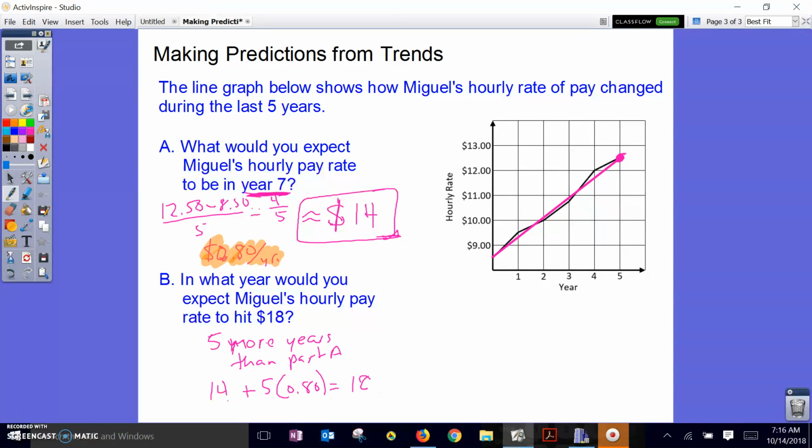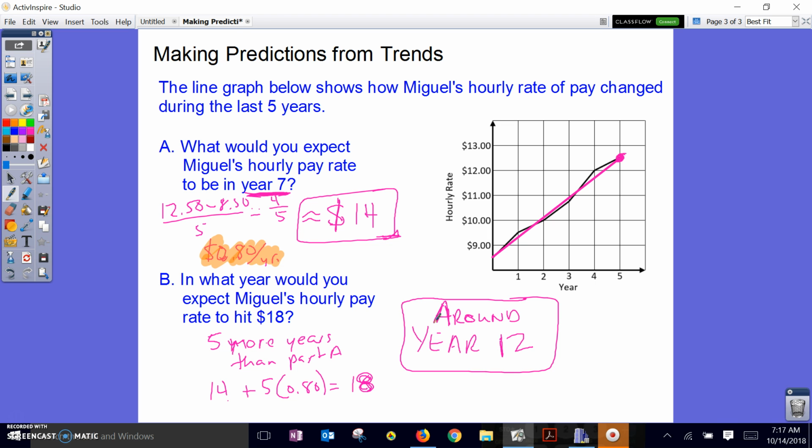That gives us $18. So 5 more years beyond that in part A. And in part A, we were in year 7. So 5 years after year 7 is year 12. So we're going to say around year 12 that he should expect his hourly pay rate to hit $18 based on the trends.